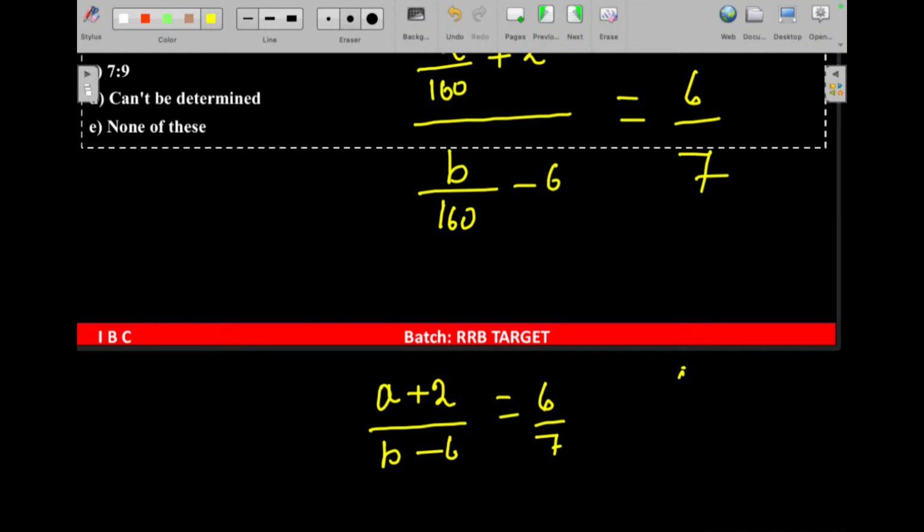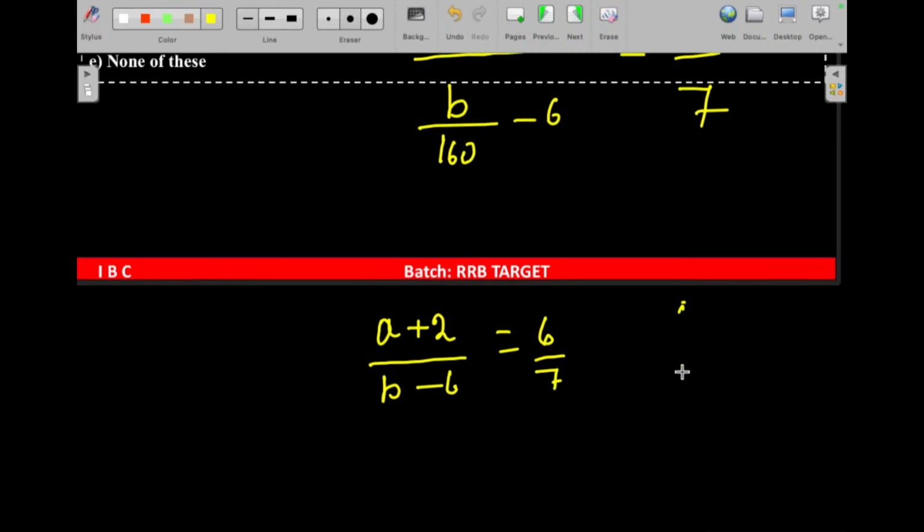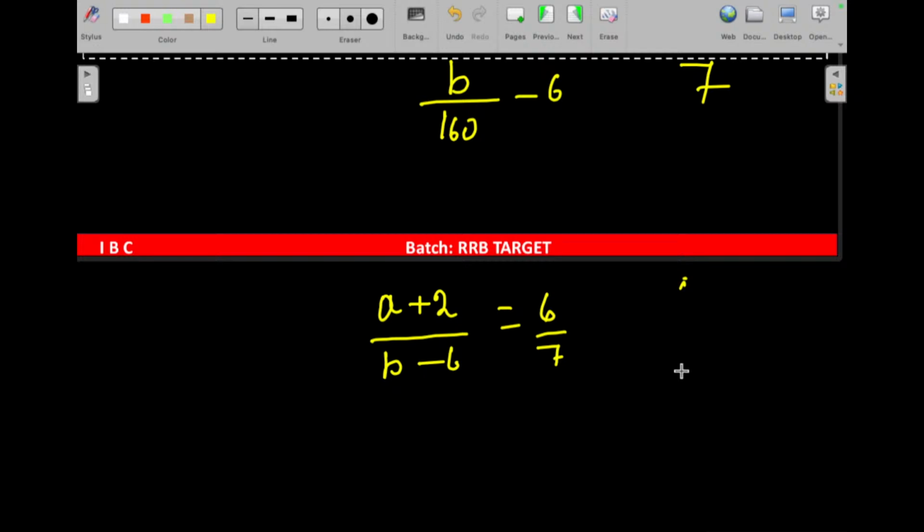Whatever you say, 7 into A is 7A plus 14. 6 into B is 6B minus 36.